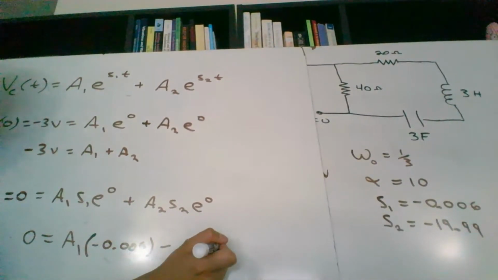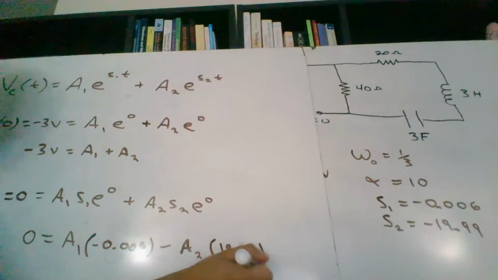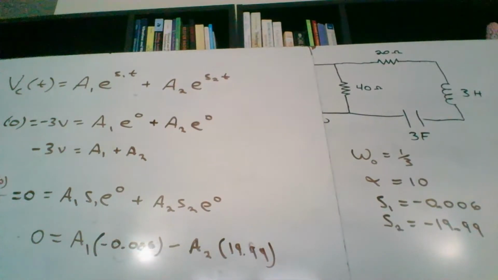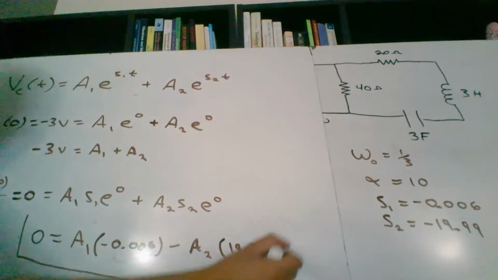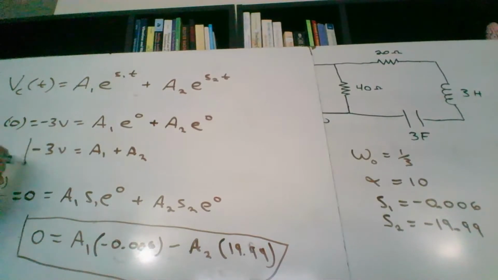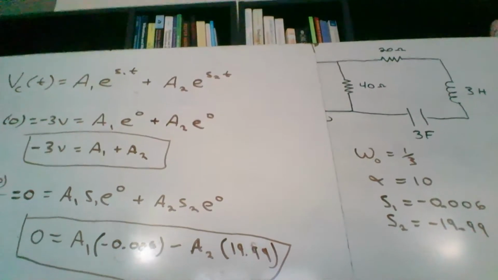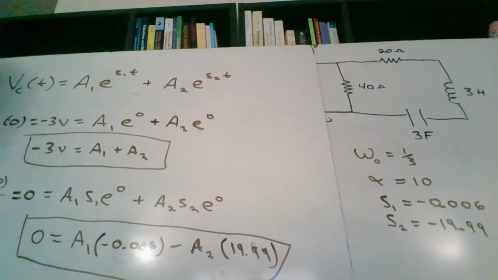Okay, there is our second equation. We've got equation 1 that only has A1 and A2, and equation 2 that also has A1 and A2. You have a system of equations. You've got to love linear algebra. You can solve for A1 and A2.